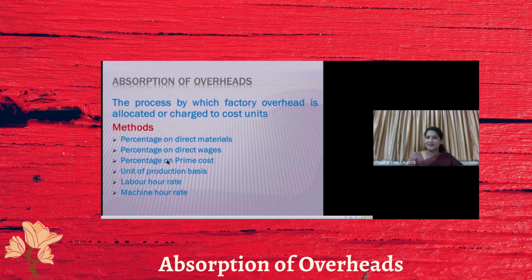And here, as the name indicates, it is the rate per hour of working of a particular machine. So that's why the denominator would be the number of machine hours involved in the production of that particular unit. That's all. Now, this is the last final stage which we would be doing.